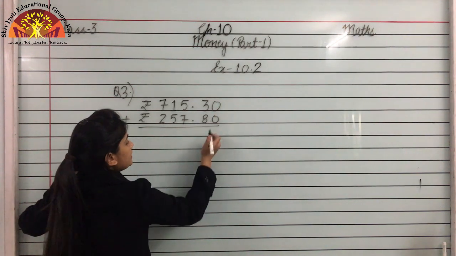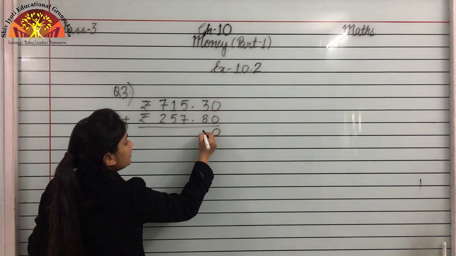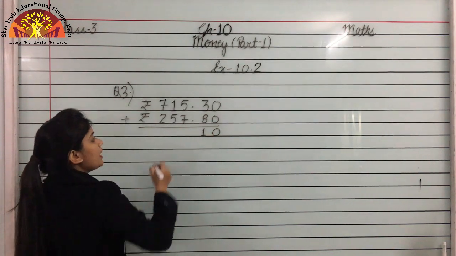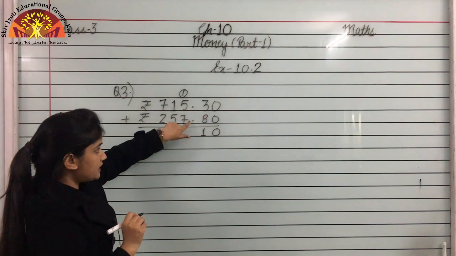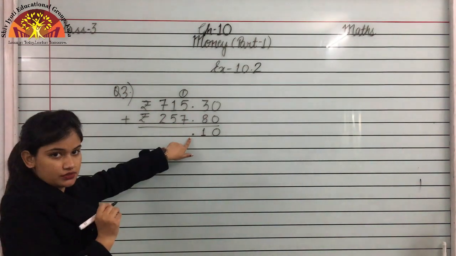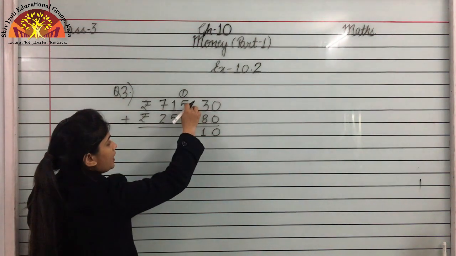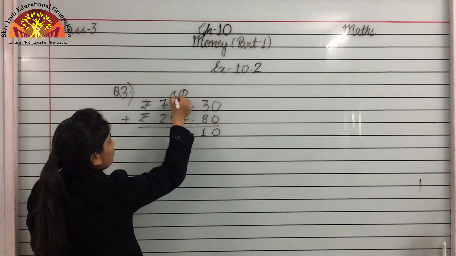So 0 plus 0 is 0, 8 plus 3 will be 11. Now we have to carry over 1, and you can see dot, it means a point is coming. So simply we have to put a point in the answer also, okay. Now 7 plus 5 will be 12, plus 1 is 13. So 3 carry over 1.